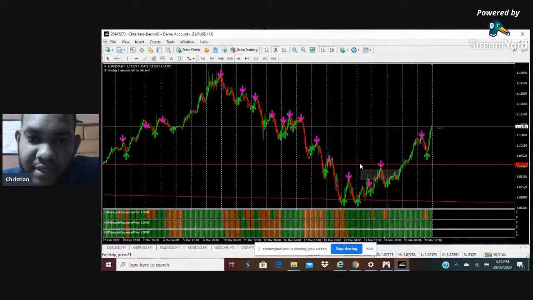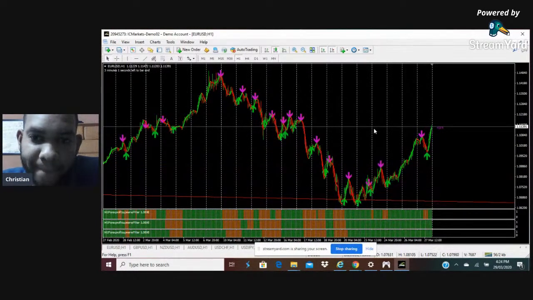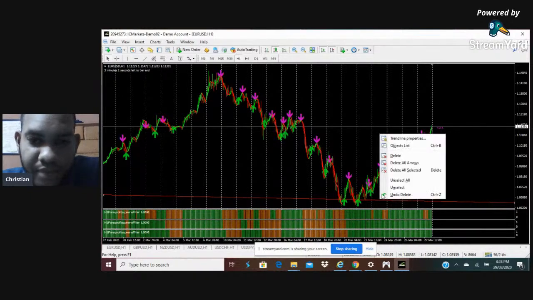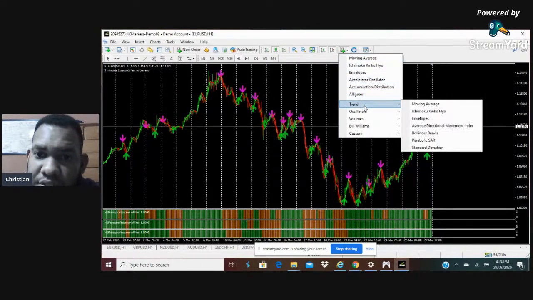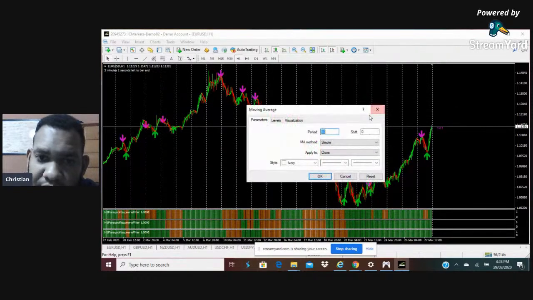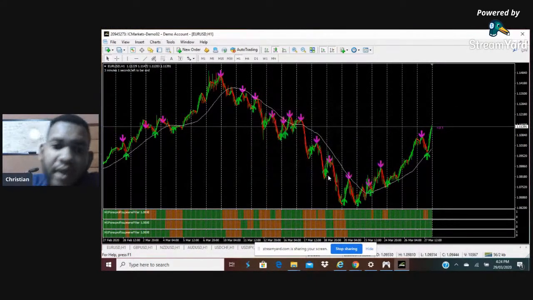I'm just moving these lines because I want to show you something again that I use to help me confirm the market structure. So I use something called a moving average. I use the 50 moving average, and it also helps me with trends because the 50 moving average is like a trend indicator as well, right?